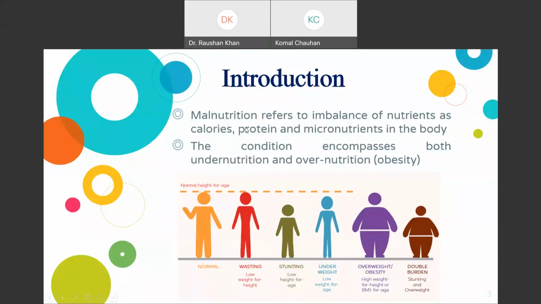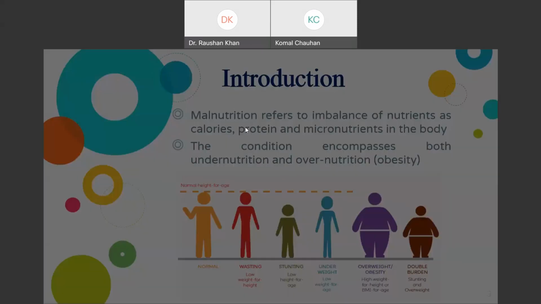Talking about the global data, wasting affects approximately 45.4 million children. In 2020, wasting continued to threaten the lives of an estimated 6.7% of the children under 5 globally, which is 45.4 million. Stunting is even more regressive, with 149.2 million children stunted, affecting approximately 22% of them.